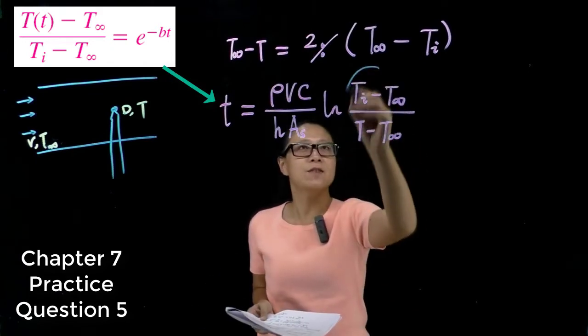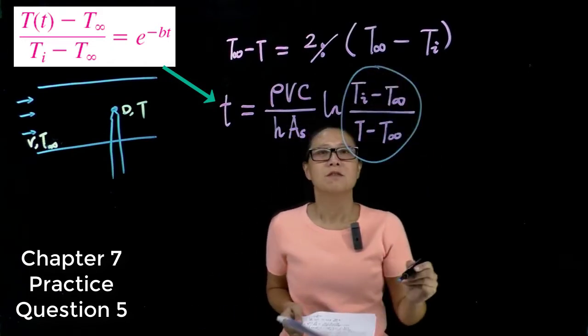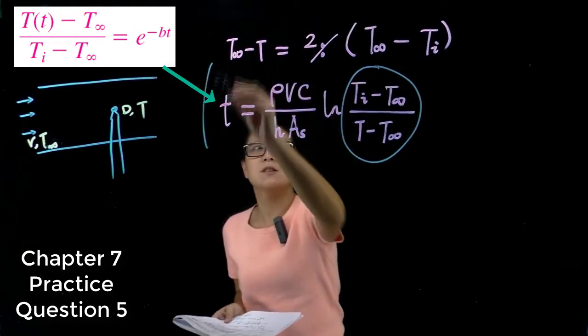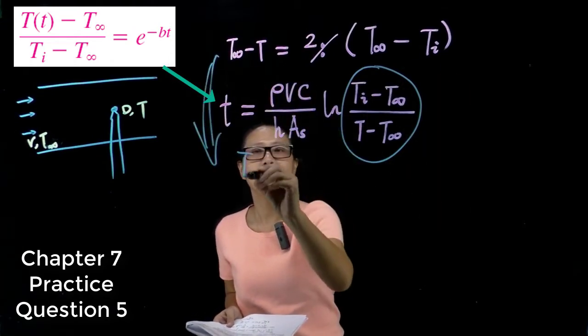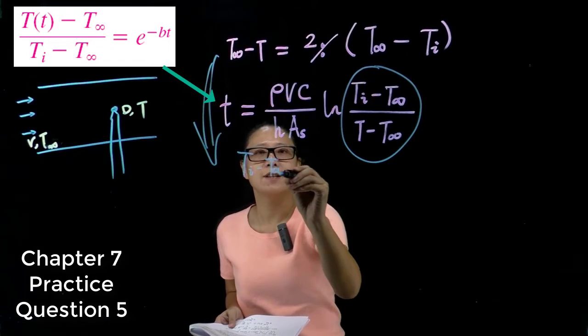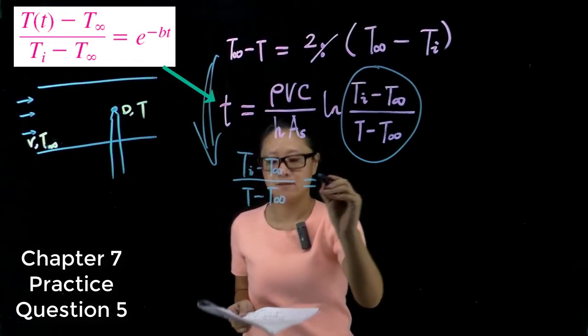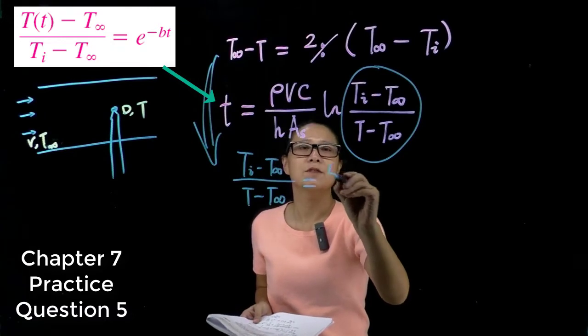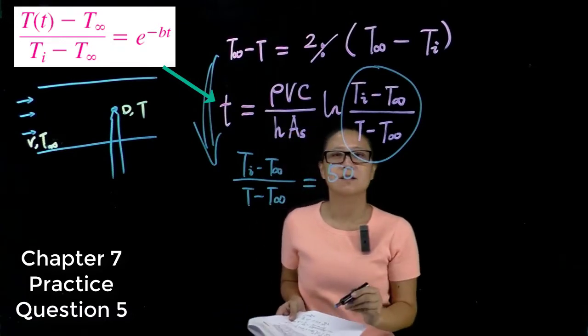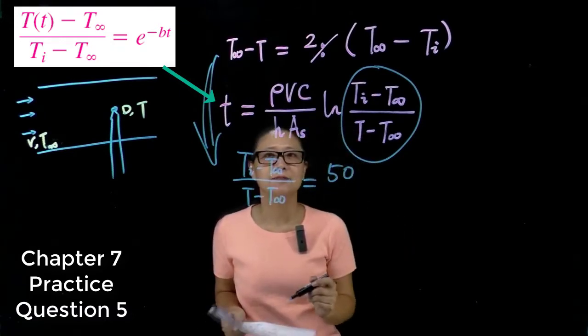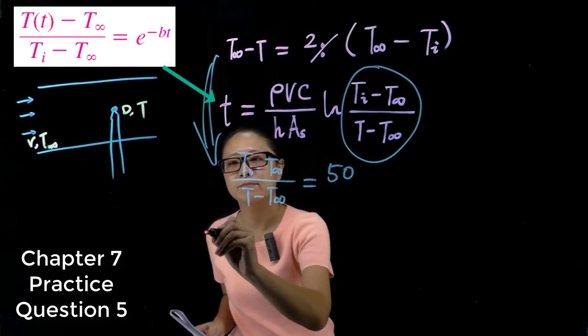What is the value of this? From this equation, we know Ti minus T infinity divided by T minus T infinity is 50. It's 1 over 2%. Then let's write the time.